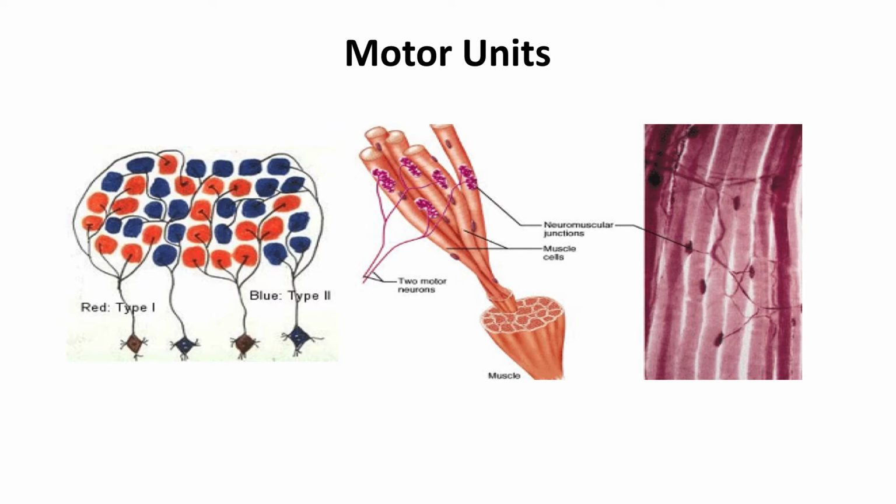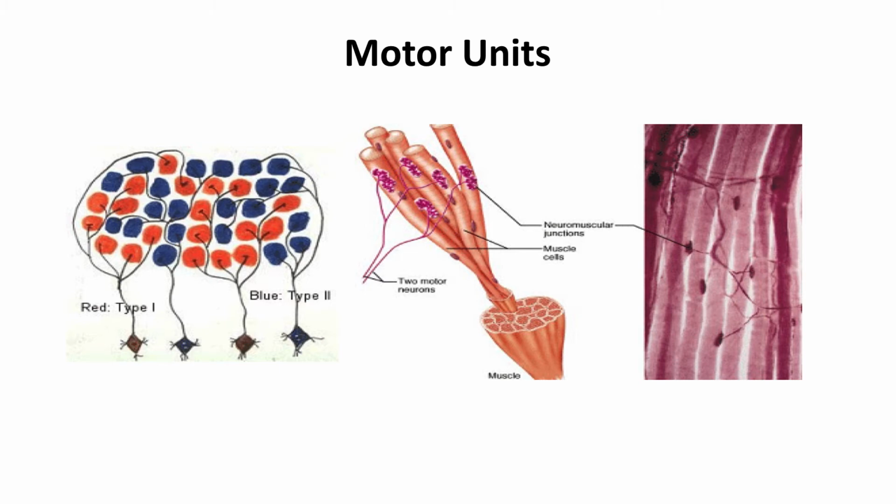So if you look at the image on the left, it shows each motor neuron attachment to individual muscle fibers, which is a part of one motor unit. Meaning, if you look at where it says red type 1, you see all the attachments spawning off into the red muscle fibers, and it all comes down into that one motor unit.